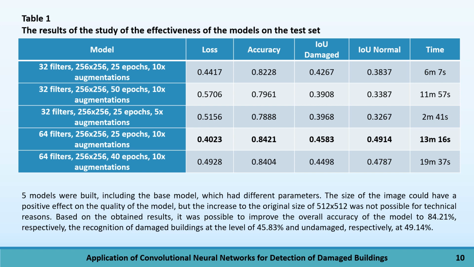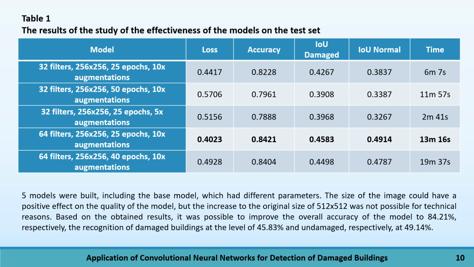This slide shows the effectiveness results of the models on the test dataset. The table contains models and corresponding indicators for each of them. Five models were built, including the base model, which had different parameters. The size of the image could have a positive effect on the quality of the model, but the increase to the original size was not possible for technical reasons.